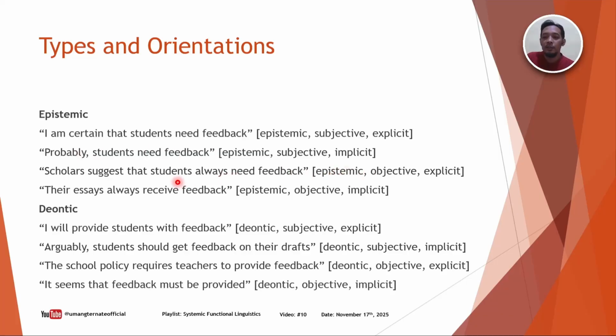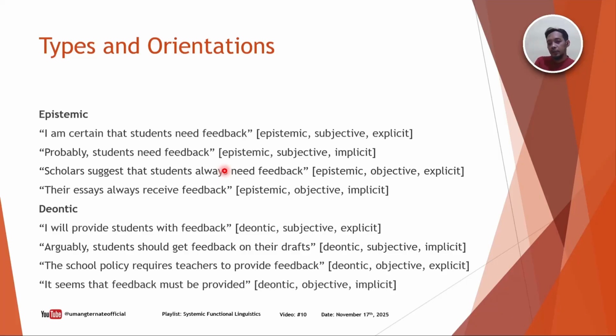And then the third one, "Scholars suggest that students always need feedback." This is still epistemic because the commodity being exchanged in this clause is still information.